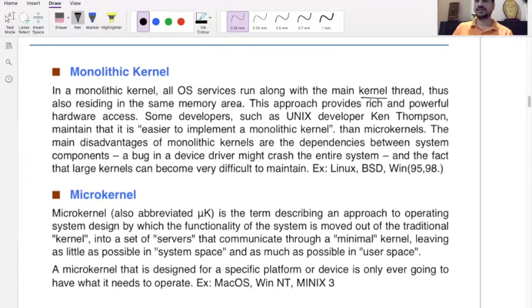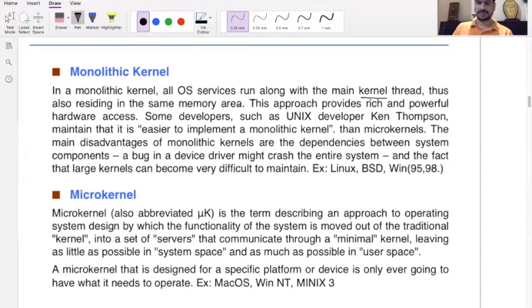All of it is written in one big program, and this one big program is taken as a kernel. And all these things will be done in the same memory space.